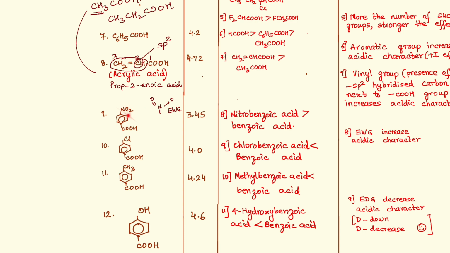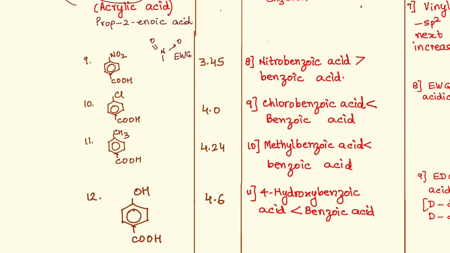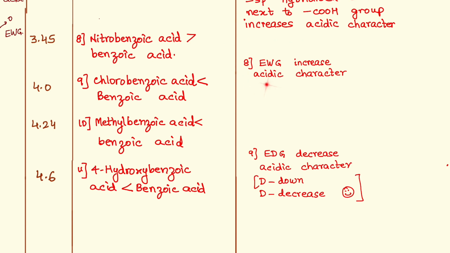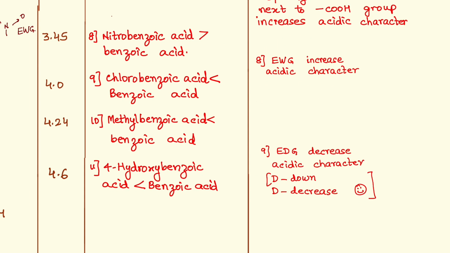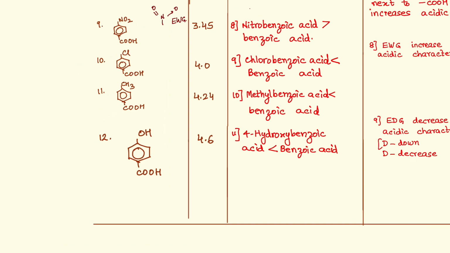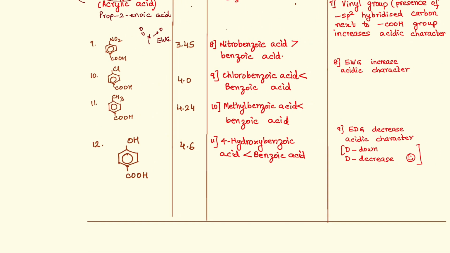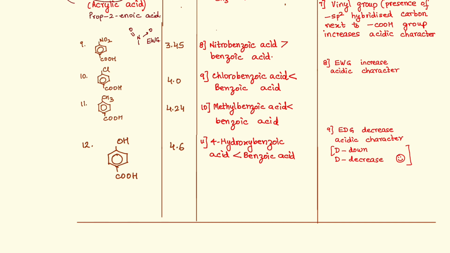In other words, what effect will an electron withdrawing group like NO2 or Cl have on the acidic character? Look at the pKa values, 3.45, 4. That means electron withdrawing groups are actually increasing the acidic character. So, can you predict what effect will electron donating groups like CH3, OH have on the acidic character? Yes, it is going to decrease.